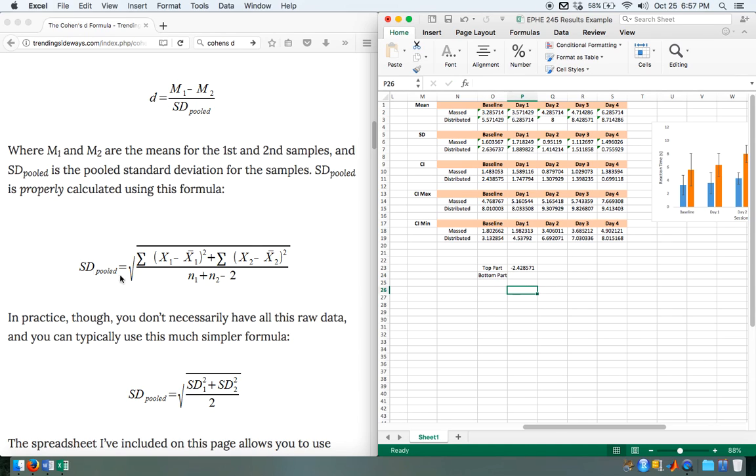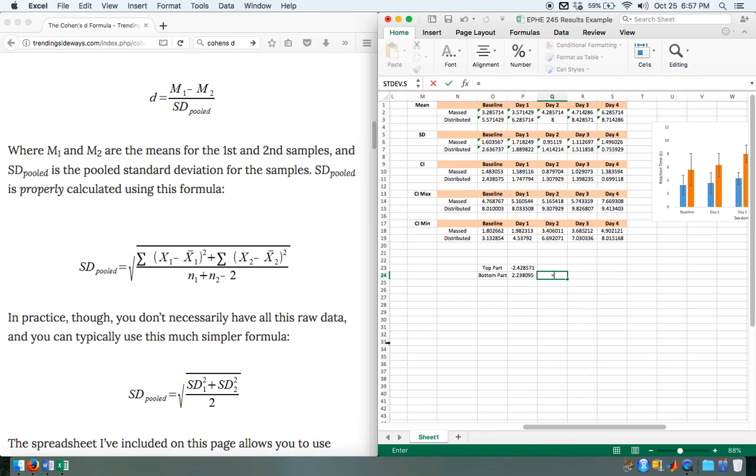or standard deviation pooled, is standard deviation squared plus standard deviation squared divided by 2. So our 2 standard deviations are here and here. So this one squared plus this one squared divided by 2. So let's start off by saying this to the power of 2. Now I'll tell you how I did that in a sec here.